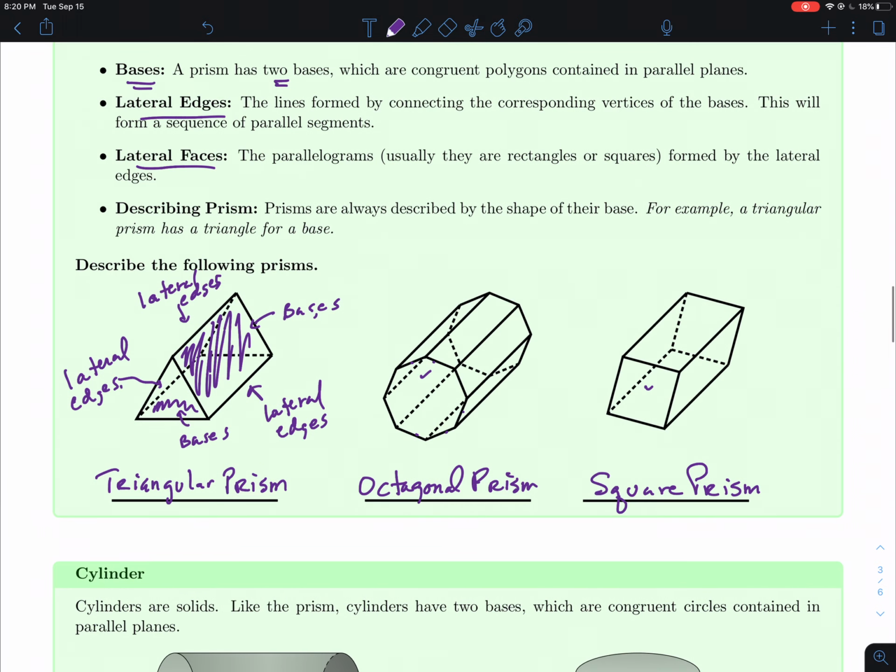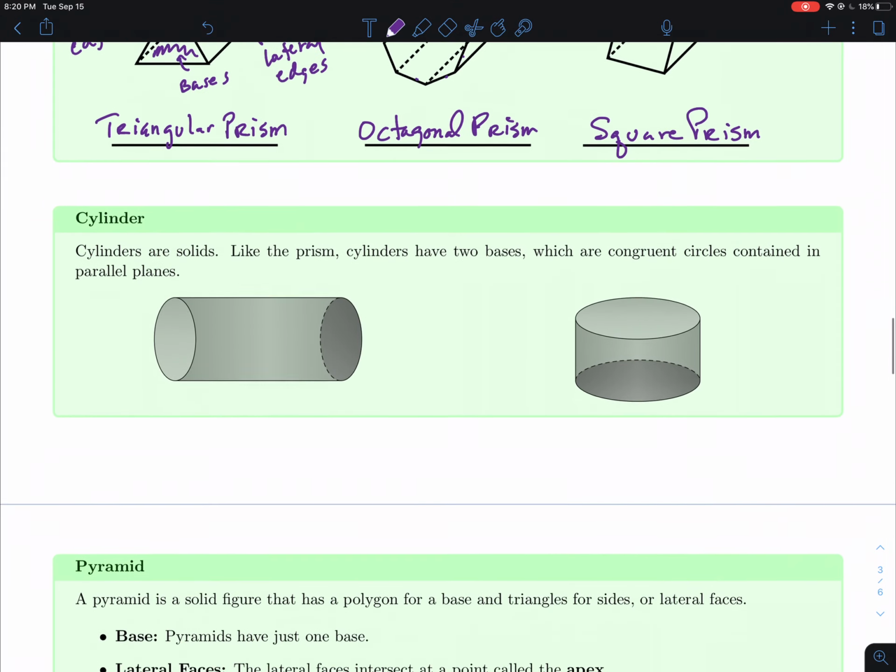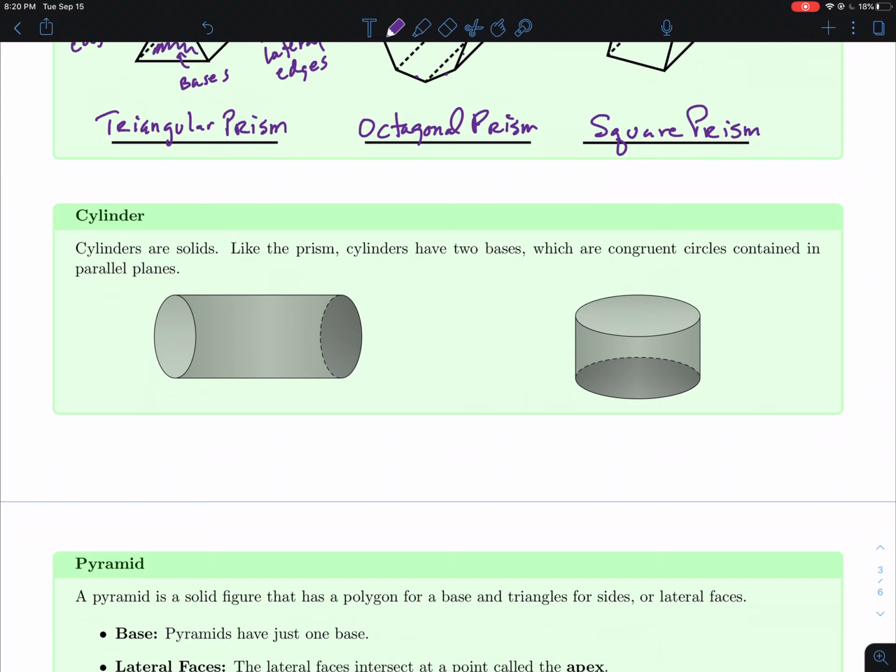And all these are polyhedra because, again, they're all formed by different polygons. So the cylinder, which we've seen all the time, like cans and stuff like that, are cylinders. Just like the prism, they have 2 bases, but in this case, the bases are going to be circles.